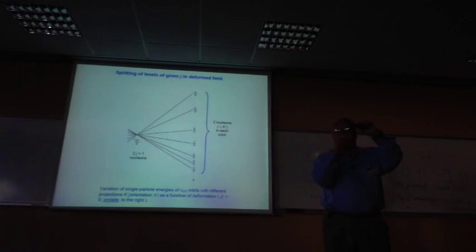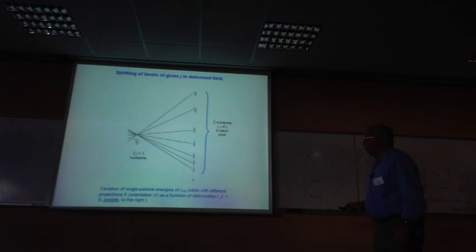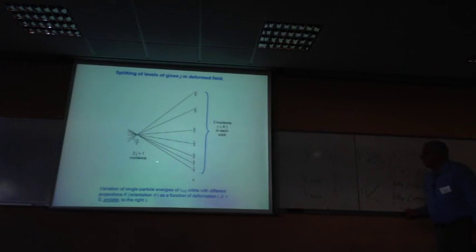They have the same energy. As I said, if the nucleus is rotating very fast, that breaks down, but we won't take that case now. So you can put 2 particles in each of these orbits. The orbits are K equals 1/2, 3/2, 5/2, 7/2, 9/2, 11/2, 13/2. That's 7 orbits, and 7 times 2 is 14. That's the same number of particles you can put in the parent orbit. Okay?